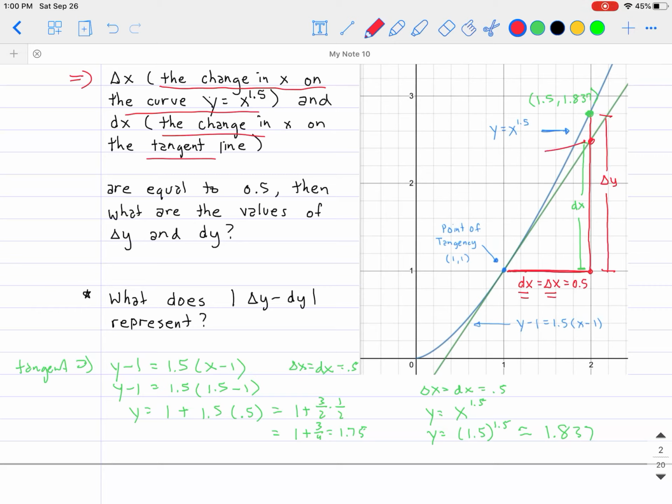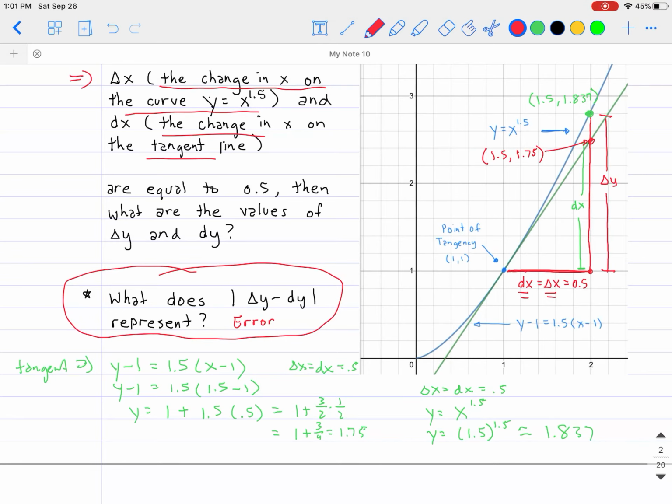Whereas if you were to use the tangent right there, that's going to be (1.5, 1.75). And the last thing is, what does the absolute value of the difference between those two answers give you? Well, if you look at the graph, the difference between the two is going to represent the error of using this local linearization at this value of x.